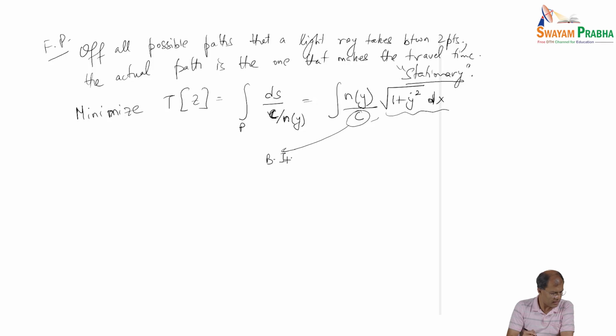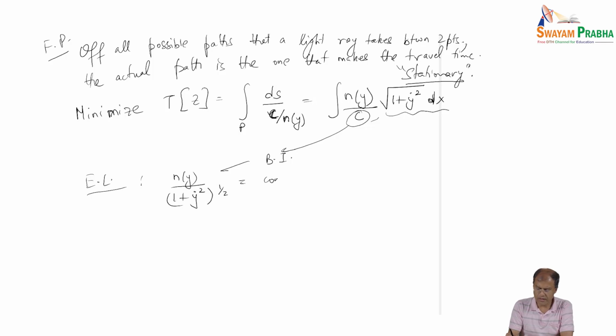If we use the Beltrami identity, we are going to get that the Euler-Lagrange solution will come out to be n of y times 1 plus y dot square to the power 1/2. I'm just writing the final answer. The listeners are going to go home and find the Euler-Lagrange equation.